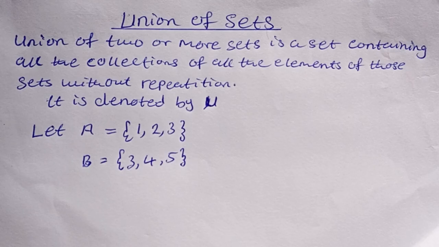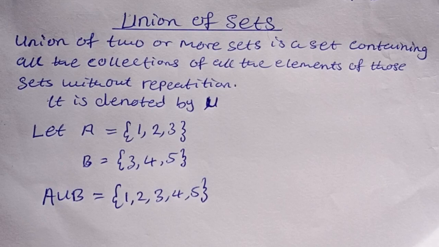For example, let A be a set containing the elements 1, 2, 3, and B be a set containing the elements 3, 4, 5. Now the union of A and B will be equal to the set containing the elements 1, 2, 3, 4, 5.